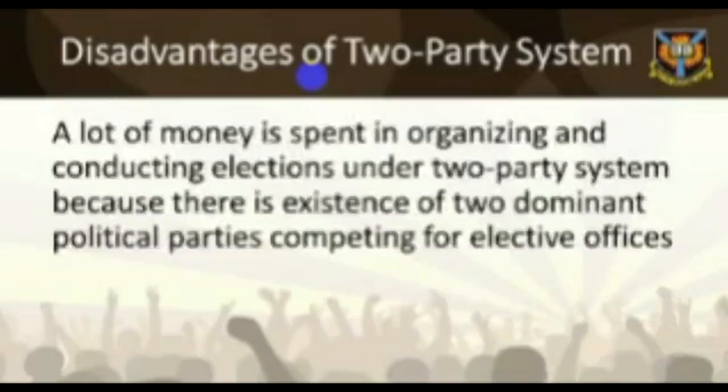A lot of money is spent in organizing and conducting elections under two-party systems because there is existence of two dominant political parties competing for elective offices. Therefore, government will need to provide for more electoral materials than the one-party system and other logistics. This will of course attract a lot of money.